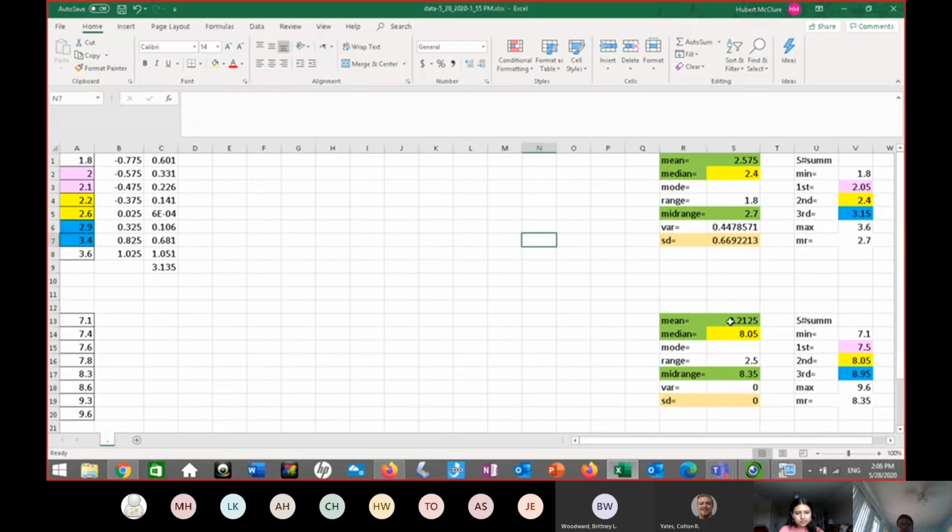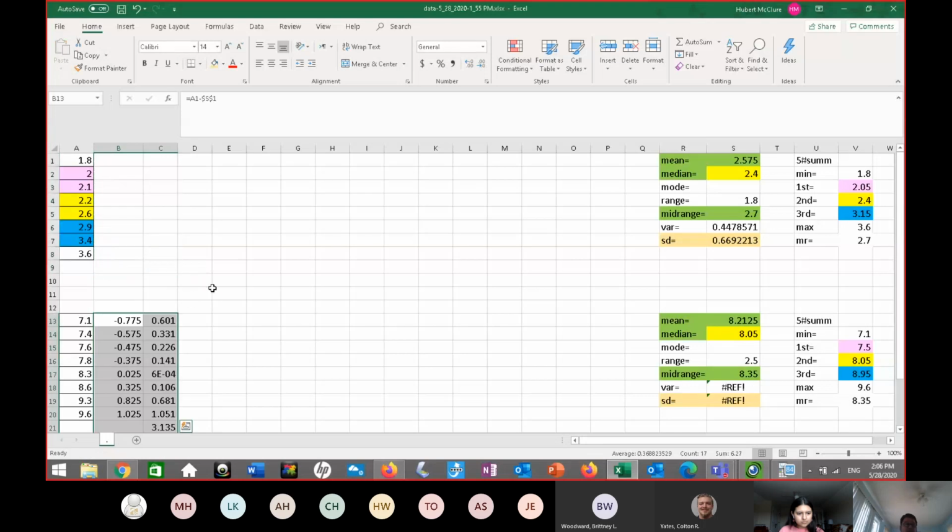Okay, so let's check these down here. Summation, all these numbers divided by 8. Oh, we didn't do this, that's why. Yeah, it's not going to do it.